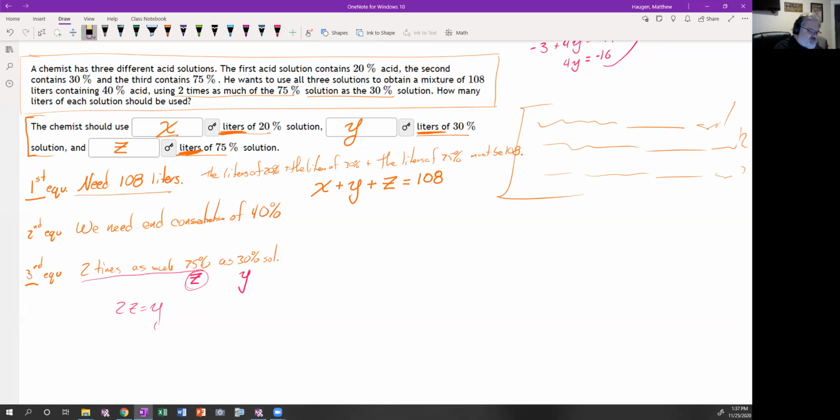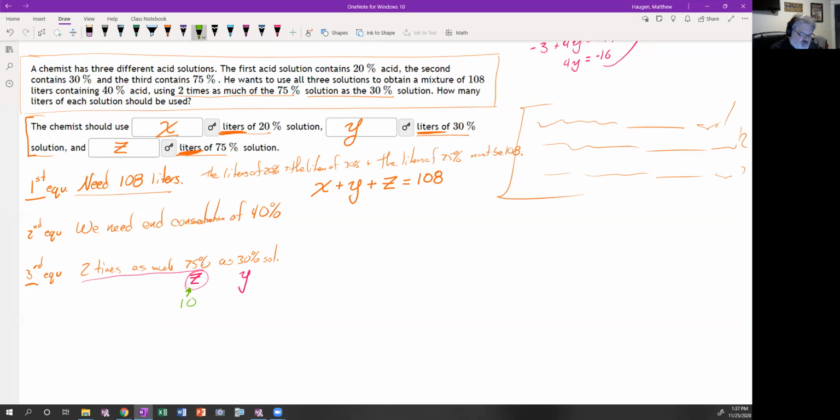And one of the things that often helps with that is make a scenario. So 2 times as much 75 as 30 means if you've got, say, 10 liters at 75, then you would need how many liters of 30%?